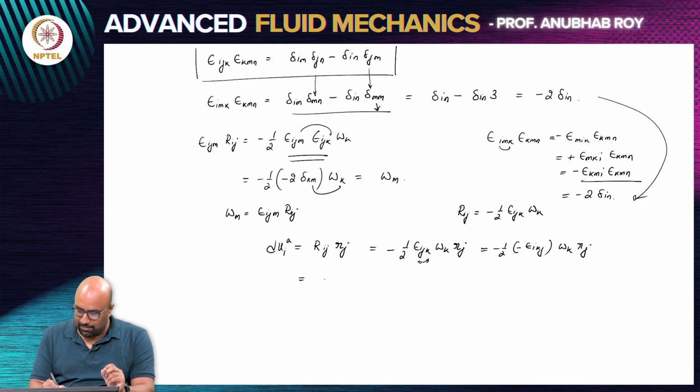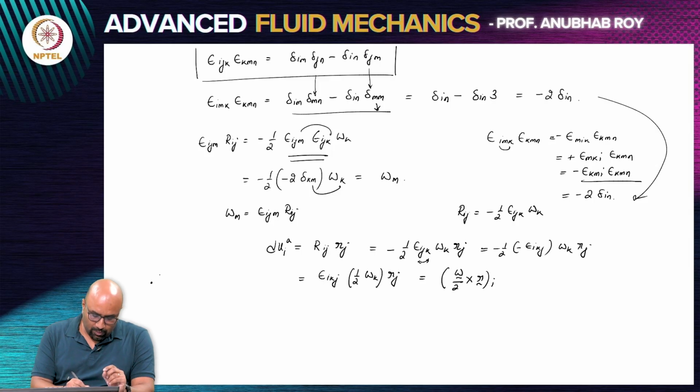So the antisymmetric part is, let's write it with the epsilon first, epsilon ikj half omega k rj. Now this is nothing but omega by 2 cross r, the ith component.